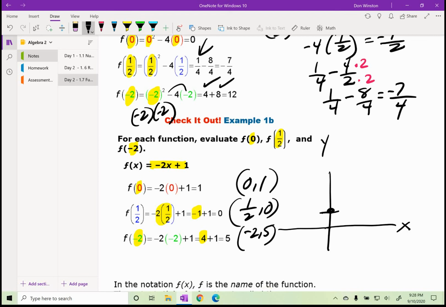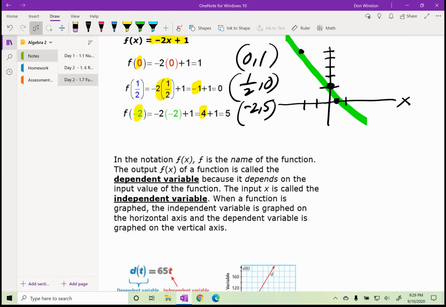When x is 1/2, if this is 1, I get 0. And then when x is -2, I get 5. So 1, 2, 3, 4, 5. And then it's a function and we could draw our line, so like that. We'll be graphing the ordered pairs as well.